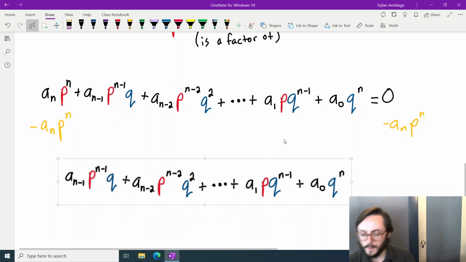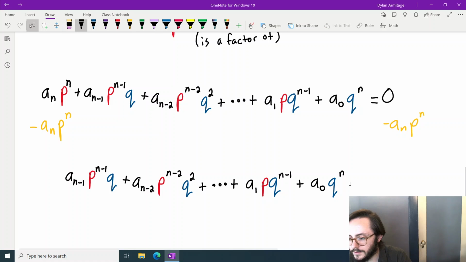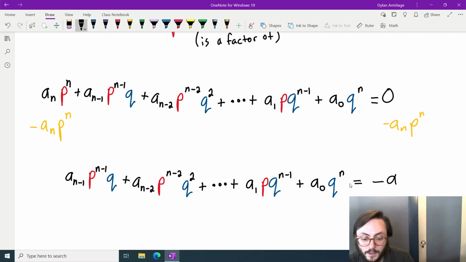Equals negative a sub n times p to the nth power. And now we essentially do the same thing that we did before.